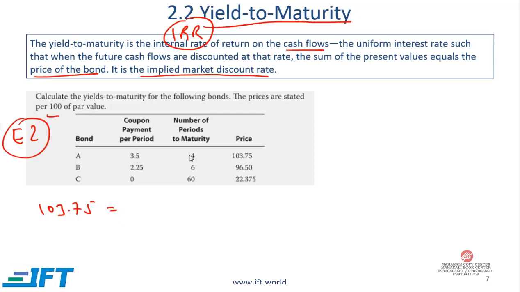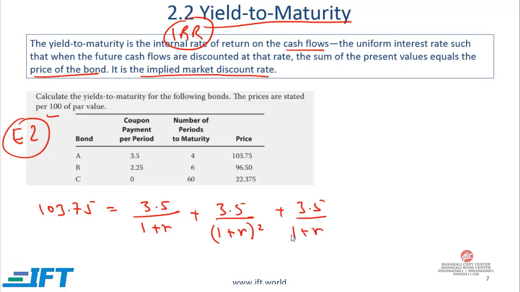If we have 4 payments, the first payment is 3.5, so we'll discount 3.5 at a certain rate. Then we will discount the second 3.5 at 1 plus r squared, and then 3.5 over 1 plus r cubed, and then 103.5. This is the final par value plus the coupon discounted at 1 plus r to the power of 4.